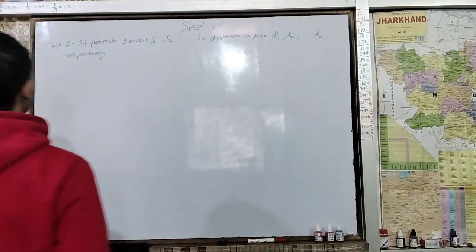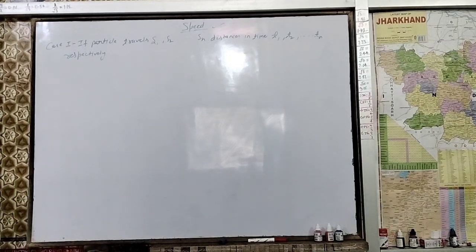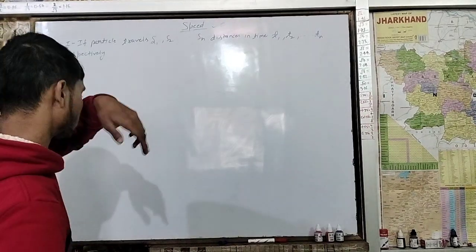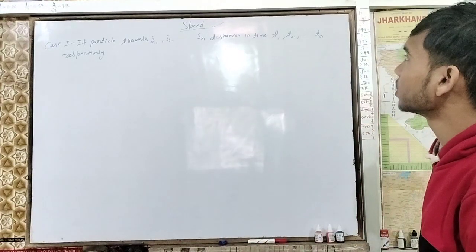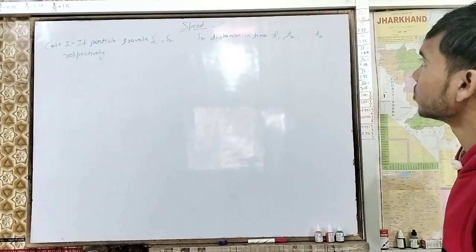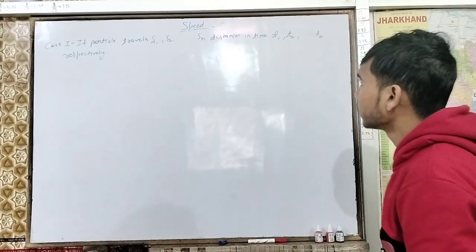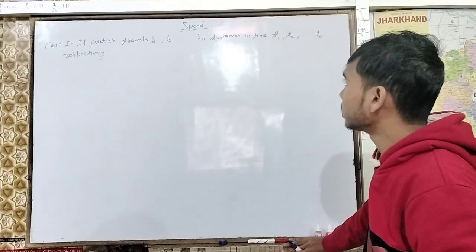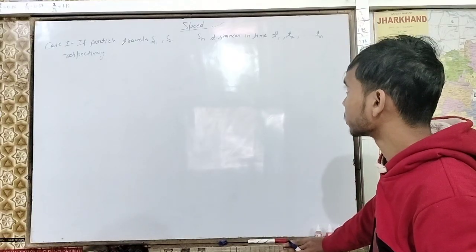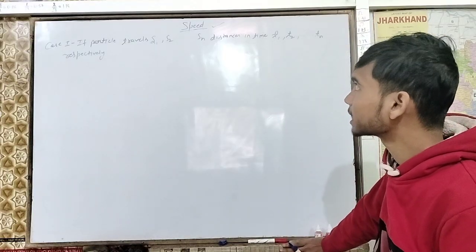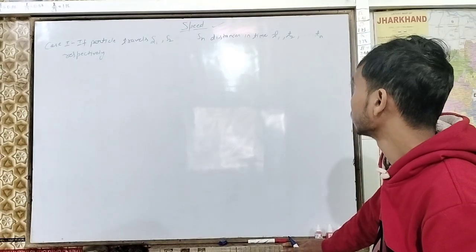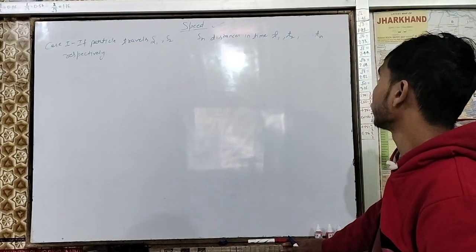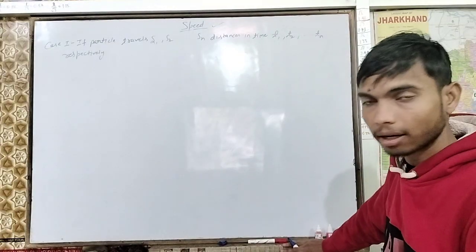He's saying in case 1, if a particle travels S1, S is a distance, S2 and then Sn distance, this much distance, it means the distance is changing. You see distance is changing over here in times t1, t2 till tn.